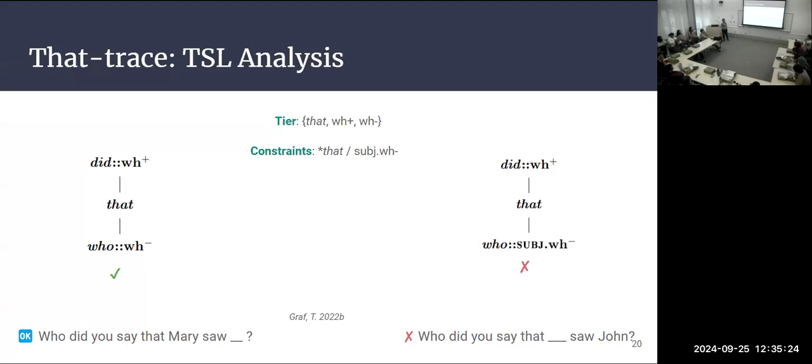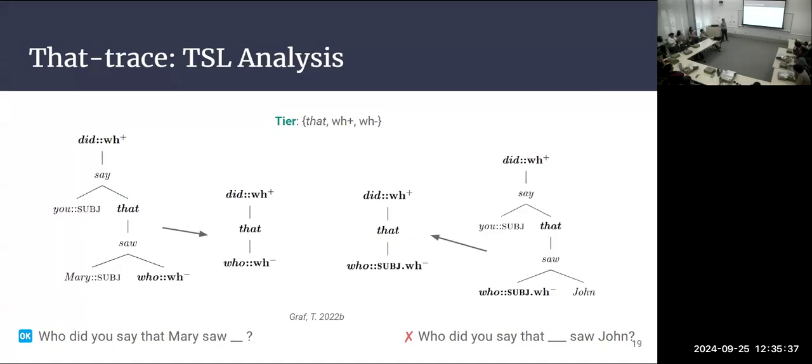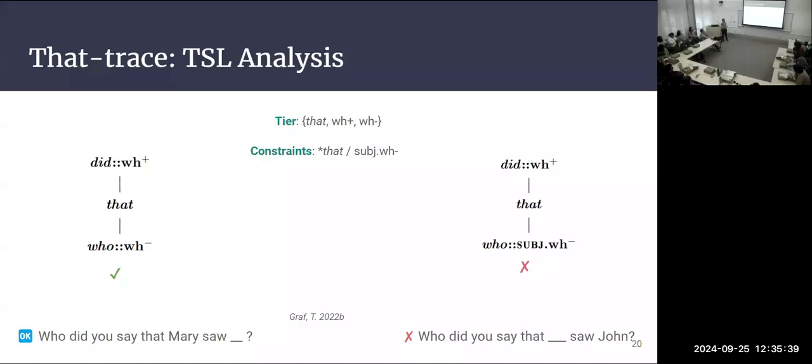So this one is the one that corresponds to who did you say that saw John? And so it may be that this actually sounds totally fine to you, I don't know. Some native English speakers will say, no, it's fine. For me, it's very bad, right? So the pattern that we're seeing is that typically for people who have whatever my dialect is, you can't have a that sort of thing that introduces a new clause and then immediately have this empty subject position.